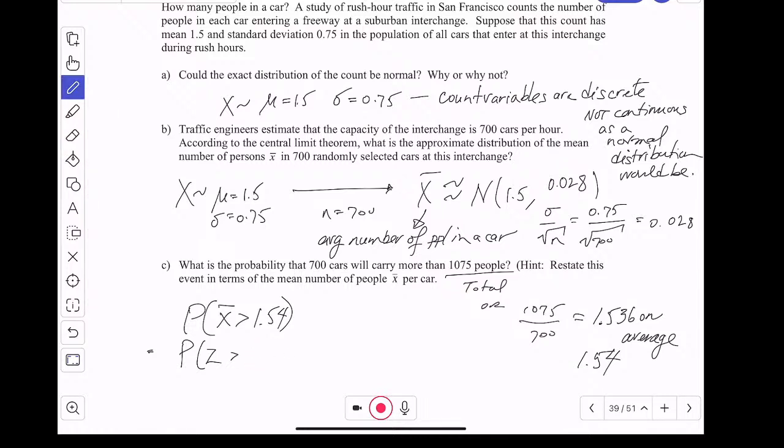So then it's standardizing: 1.54 minus 1.5 divided by 0.028, is z greater than 1.43.